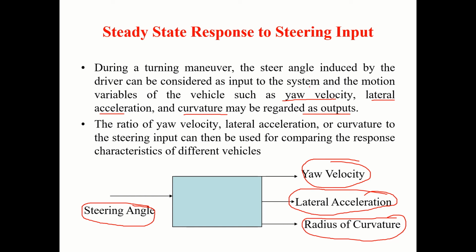It has to yaw while taking a turn, and there will be a lateral acceleration. Also, it has to negotiate a curvature. So the ratio of yaw velocity to steering angle, you can call it as yaw gain. Lateral acceleration to steering input, you can call it as lateral gain. Curvature to the steering input, this is another response output we can look at.